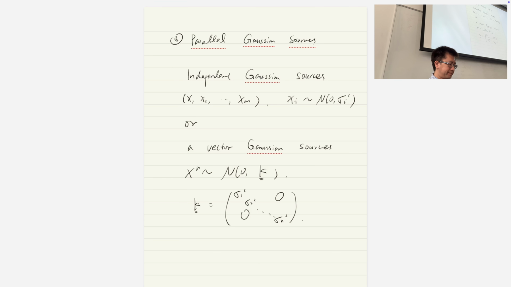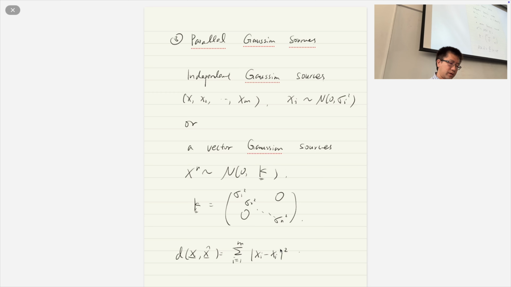Okay, so this is the source. Now we need to define the distortion. Again, we have the squared error distortion. So the distortion d(x, x hat) is given by the sum over i of (xi minus xi hat) squared. Again, this is additive distortion, as we introduced before.